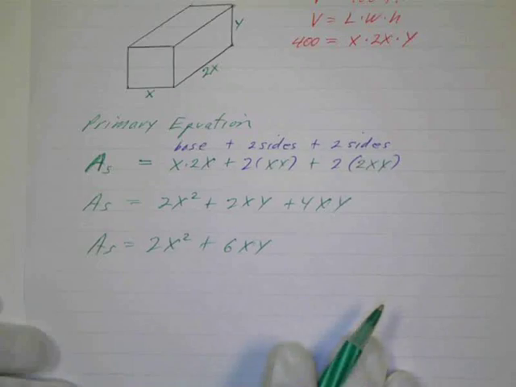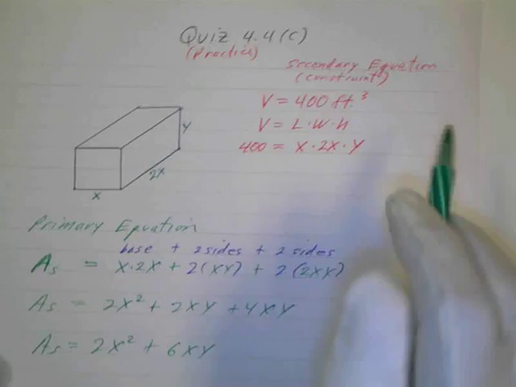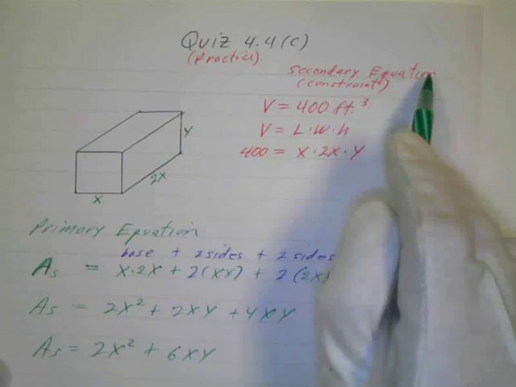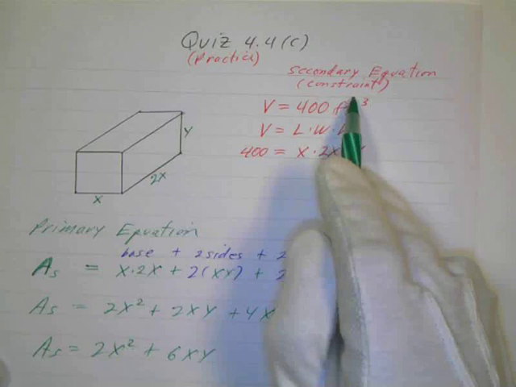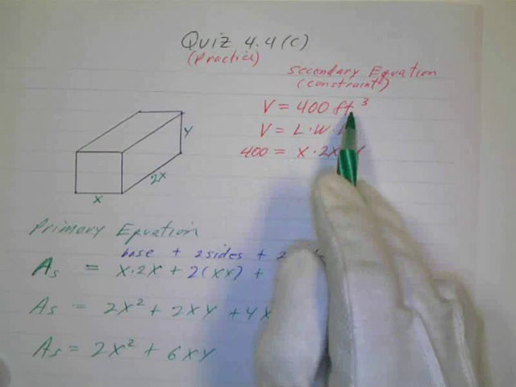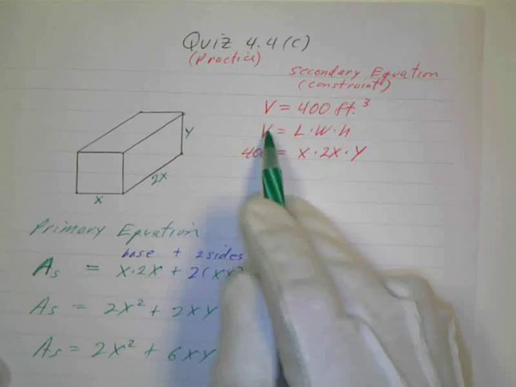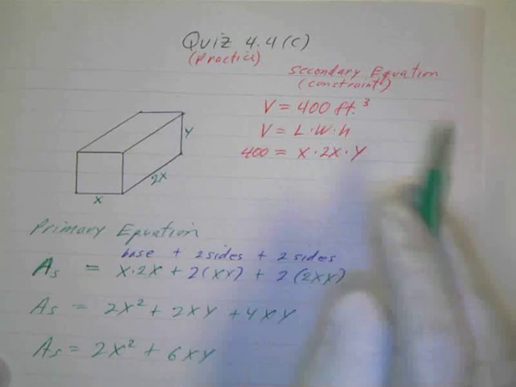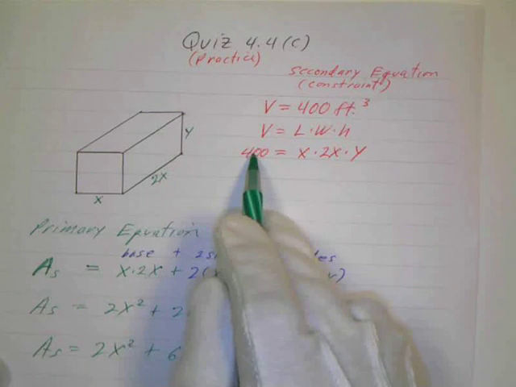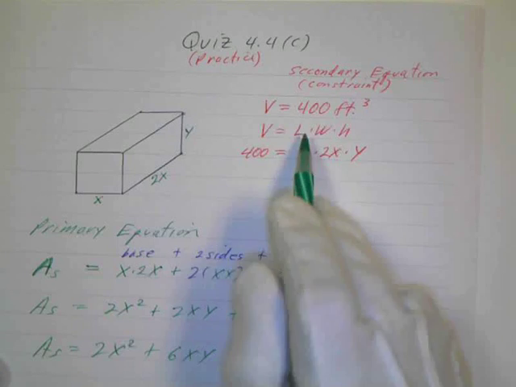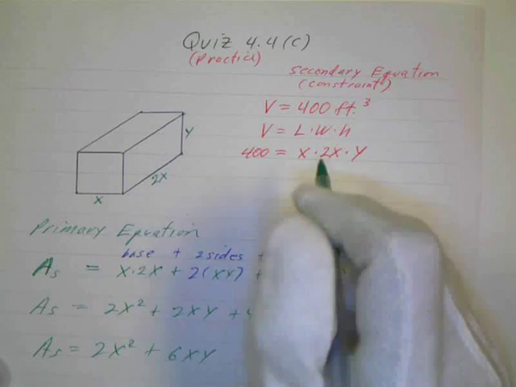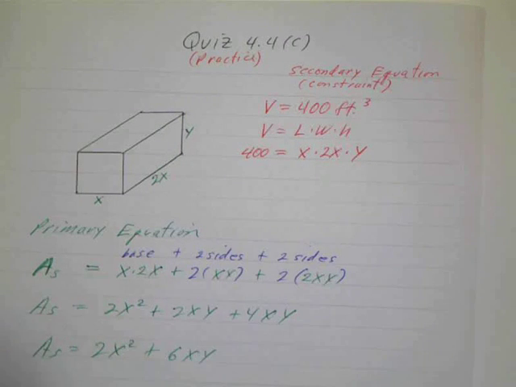But we had some more information. We actually have what we call a constraint here. This is our secondary equation, or the constraint, because I know the volume must be 400 cubic feet. So that's going to lock everything in. Well, the volume is the length times the width times the height. So I could say that 400, which is the volume, equals the length. I'm sorry, I kind of mixed these up. You can kind of reverse these.